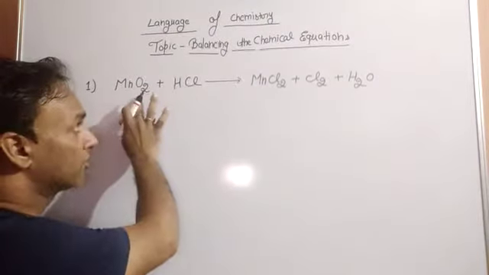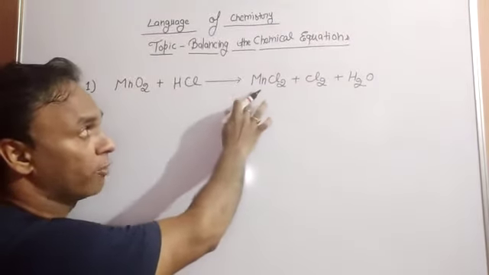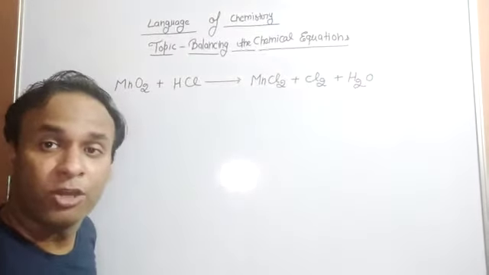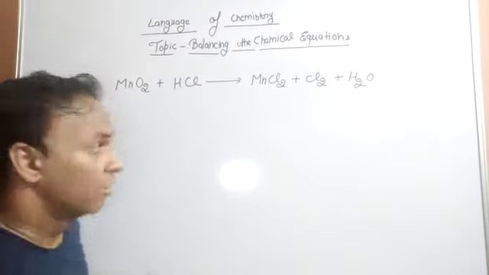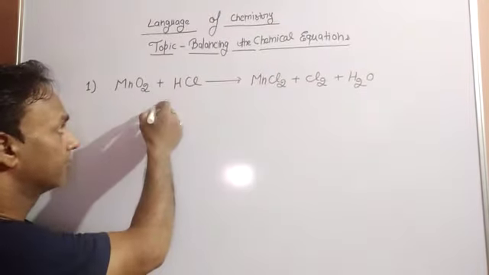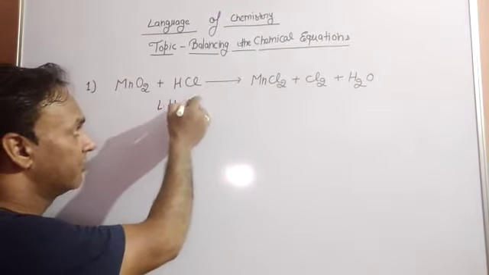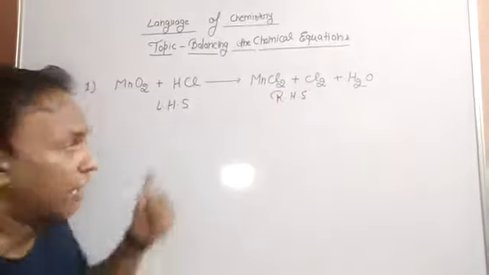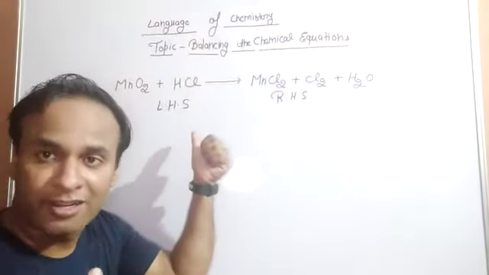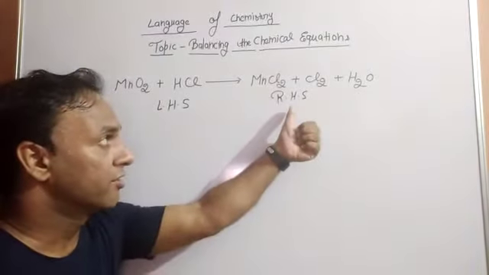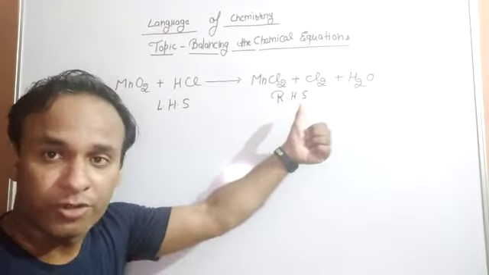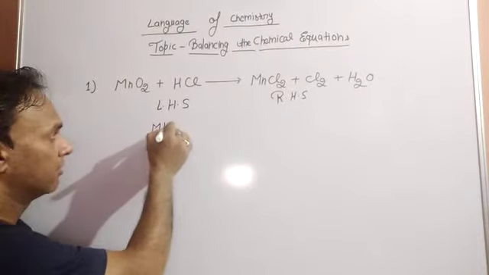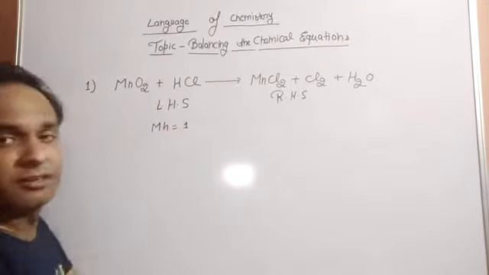This is manganese oxide reacting with hydrochloric acid to form manganese chloride, chlorine and water. First of all, you have to write all the elements with numbers. This is called the left hand side and this is called the right hand side. The left hand side shows the atoms of the reactants, while the right hand side shows the atoms of the products. On the left hand side, Mn, manganese 1.